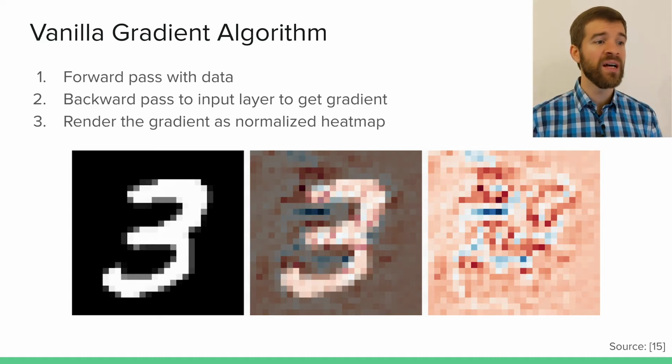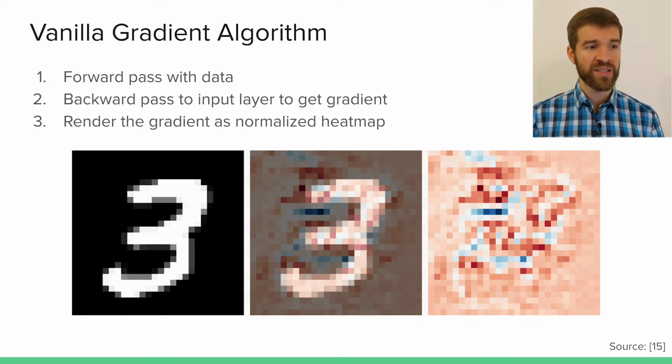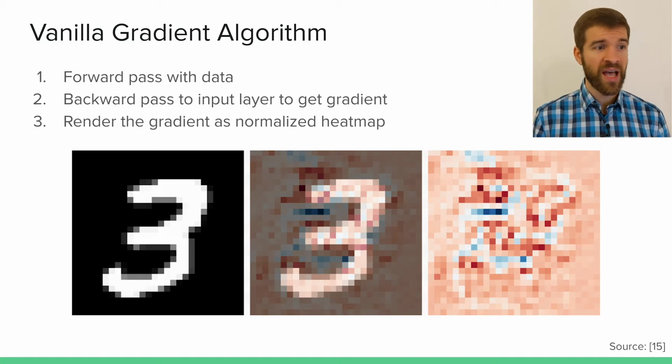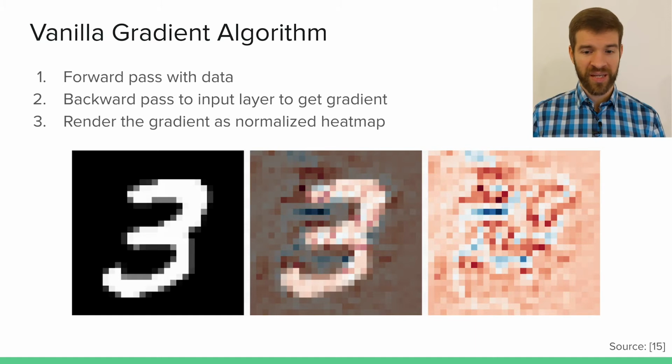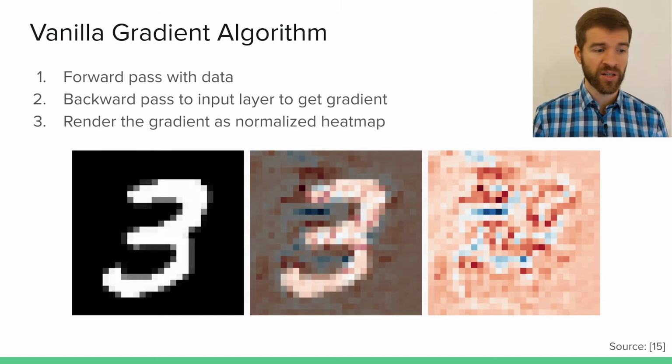In this example, we can visualize the classification of the digit 3 in such a way that it shows which pixels contributed to the decision in a very strong way. Those would be the red or dark red pixels, and all of the negative weights that made a decision against this would be the dark blue.